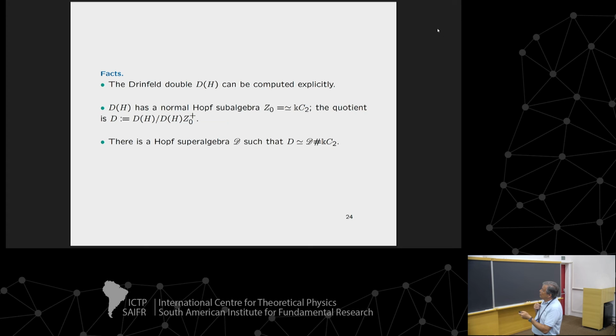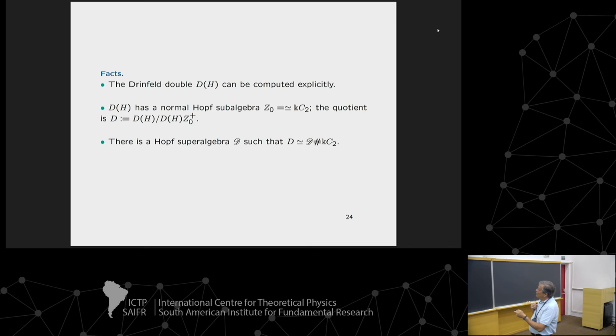So the first reduction is we take D of H and observe that it has a normal Hopf subalgebra generated by a group-like of order 2, and we divide, in the sense of Hopf algebras, D of H by this normal Hopf subalgebra. So we took away one group-like of order 2, and we call the resulting algebra D.